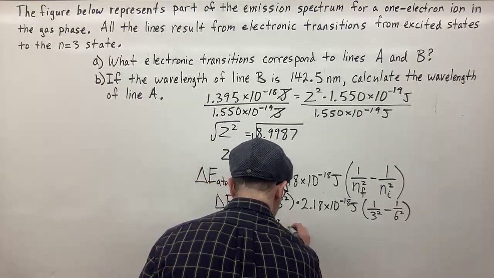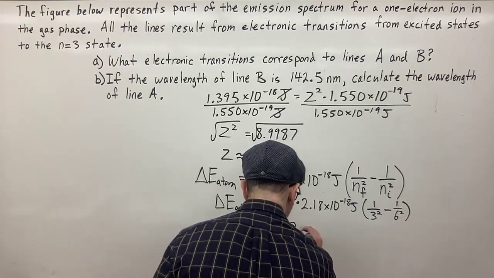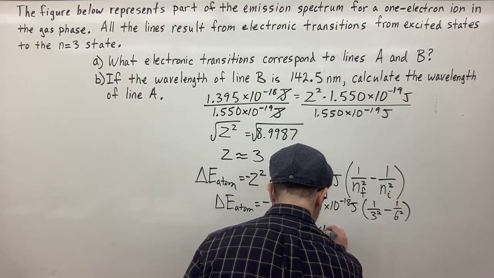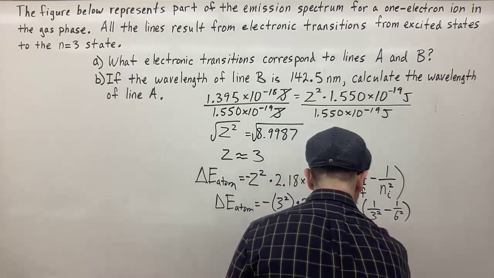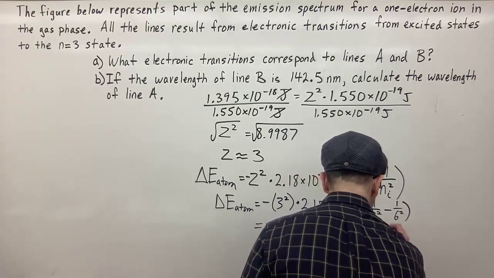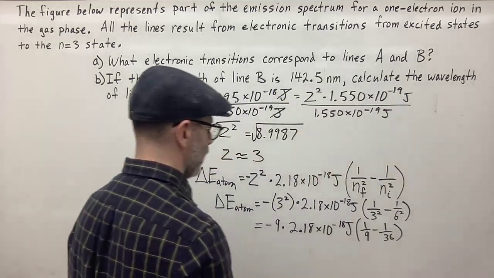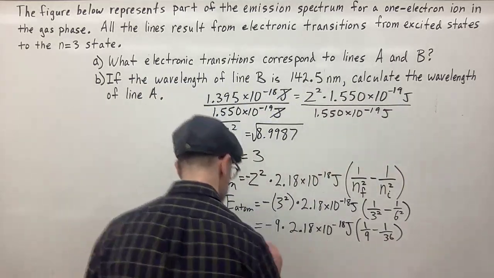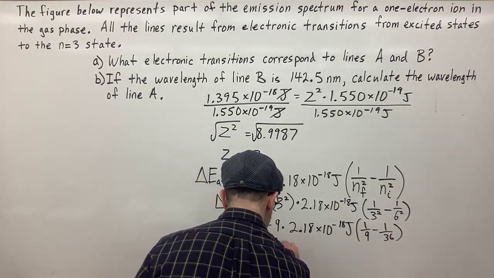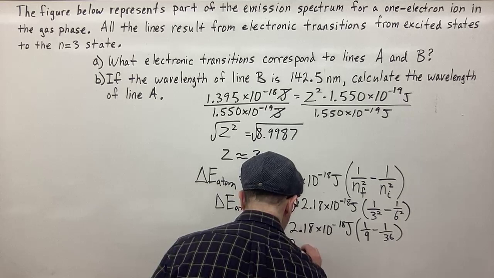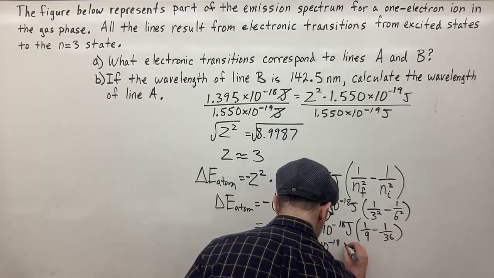Minus 9 times 2.18 times 10 to the negative 18 joules. And then this is going to be 1 over 9 minus 1 over 36. So if I subtract these two, it's going to be equal to minus, minus 9 times 2.18 times 10 to the negative 18 joules.